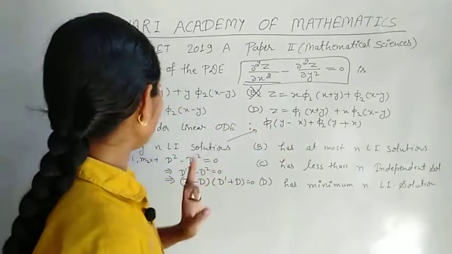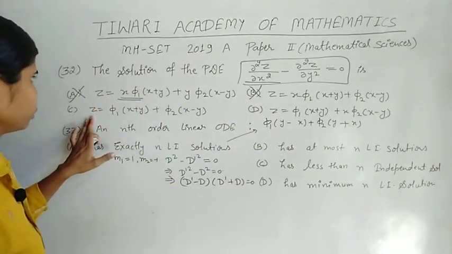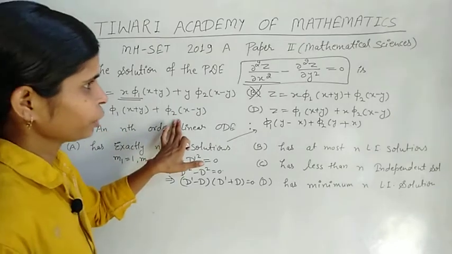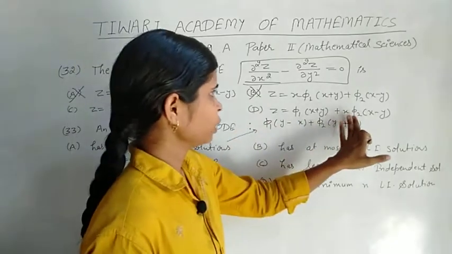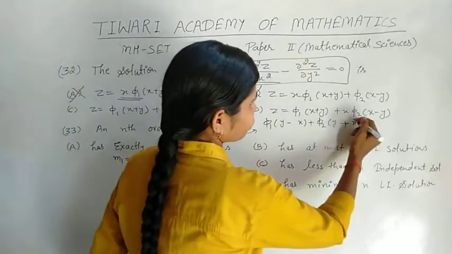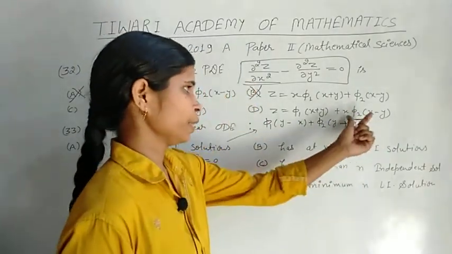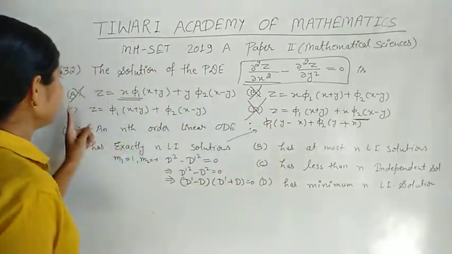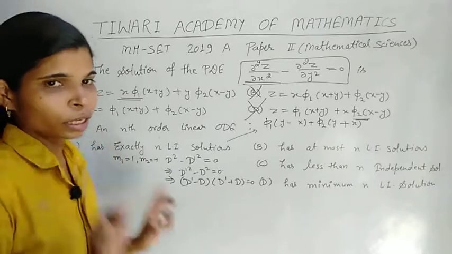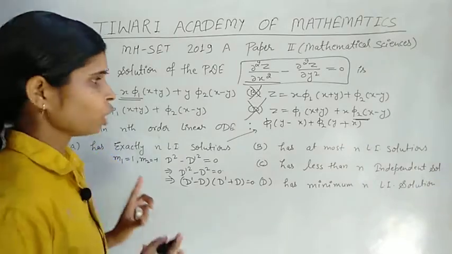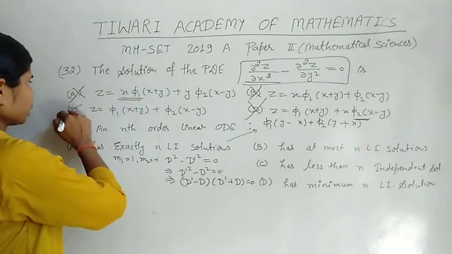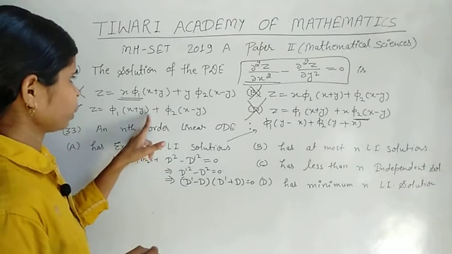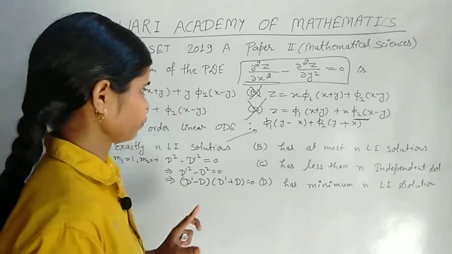In option D and option C, there are two functions φ1 and φ2. Here in option D, the φ2 function is multiplied by x, so option D is not our answer. Finally, question number 32 is an SCQ question, so our option C is the correct answer: z = φ1(x + y) + φ2(x − y).